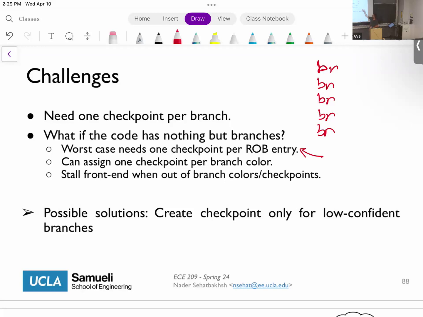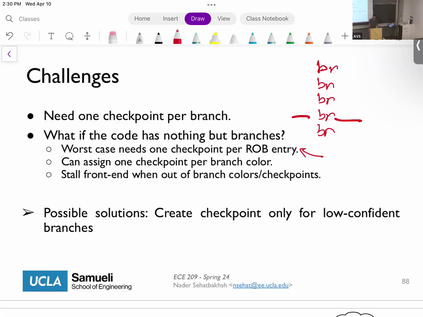Although you don't necessarily need to have that many, you can have less than that. The question would be, what should we do if we have fewer checkpoints than we need? That's where you stop speculation. So you stall. For example, let's say I have a maximum of 4 checkpoints available.